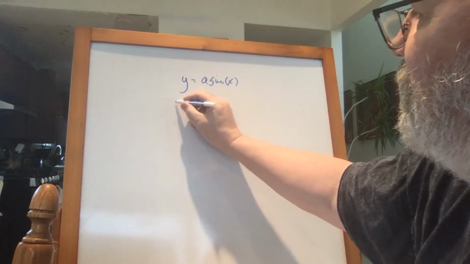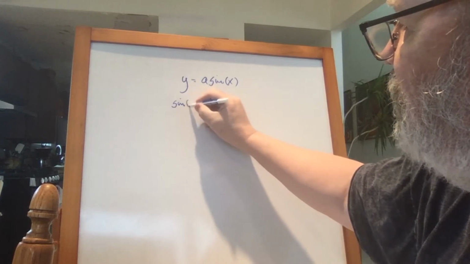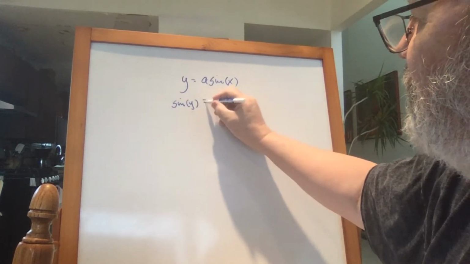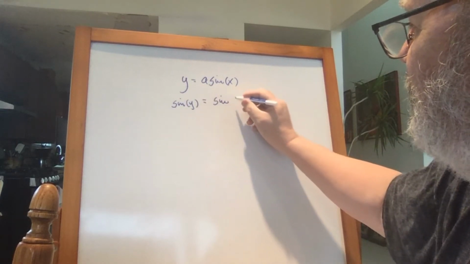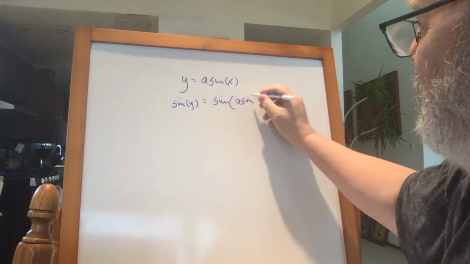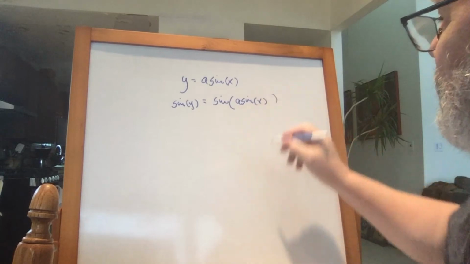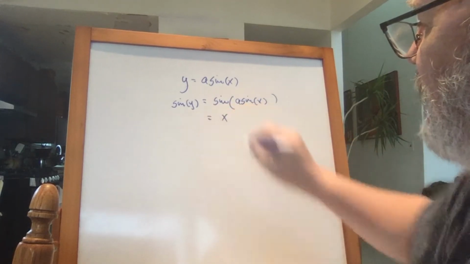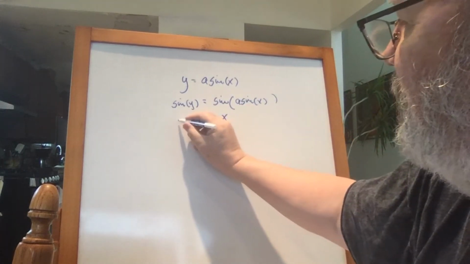We just take the sine of y equals sine of arc sine of x, and that's equal to x, the argument.